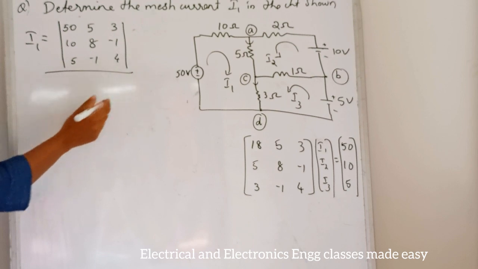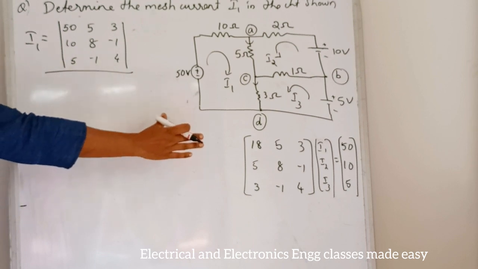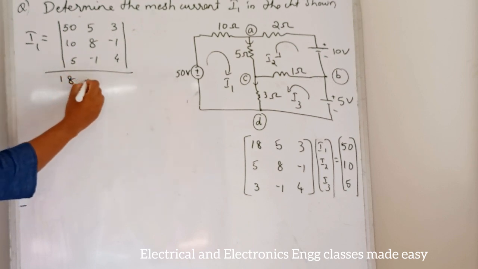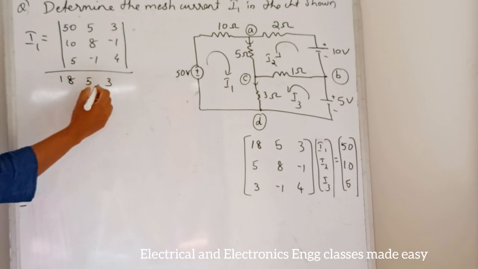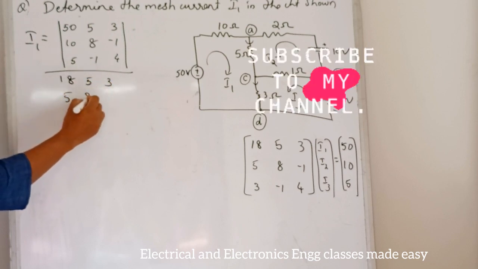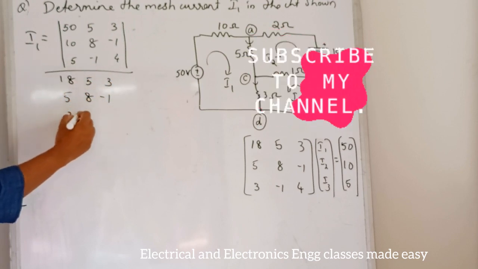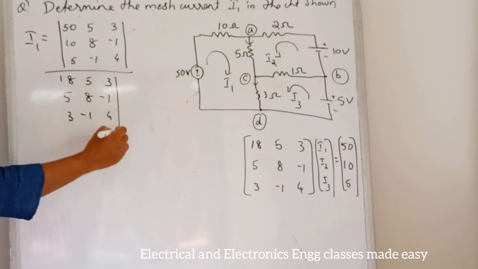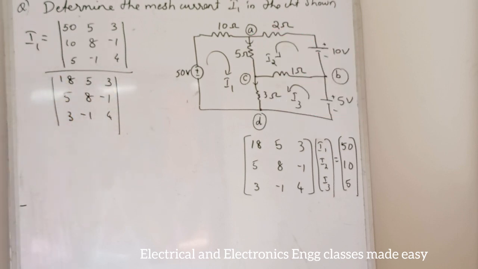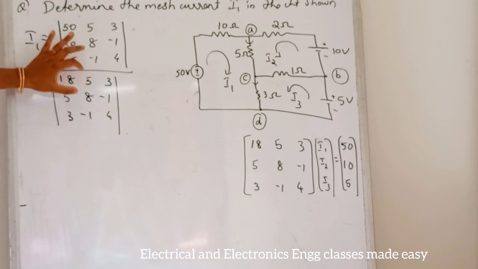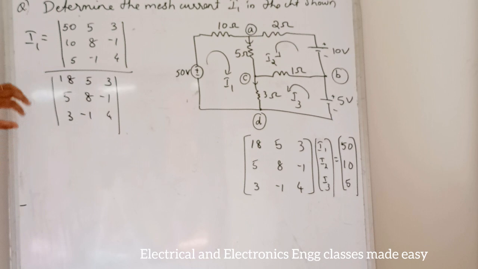Then divided by the determinant of 18, 5, 3, then 5, 8, minus 1, 3, minus 1, 4. So in this way, we are finding I1. Also, to find I2, replace the second column with the constant column matrix.